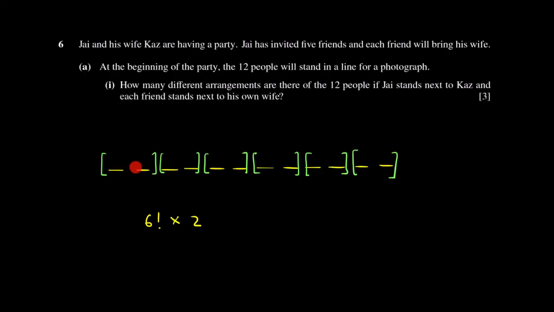For each way of arranging this couple, there's another 2 ways of arranging that couple, and another 2 ways, and another 2 ways. So we've got 2 times 2 times 2, 6 times. So that's 2 to the power of 6. So our answer should be 6 factorial times 2 to the power of 6, which is 46080. Okay, that's that.